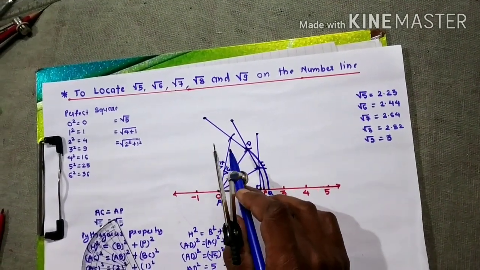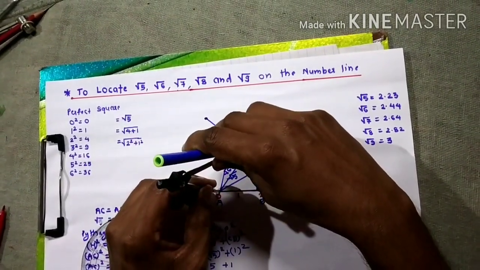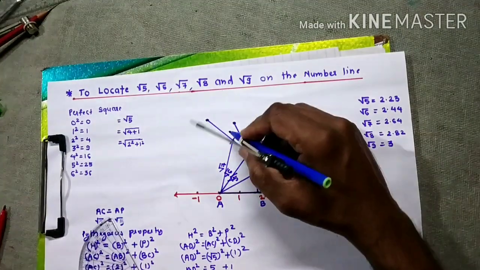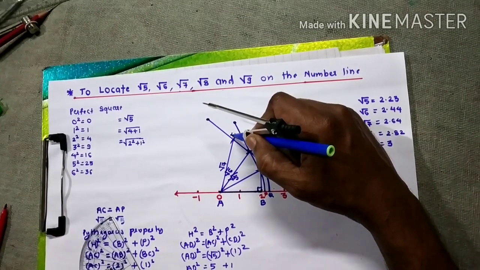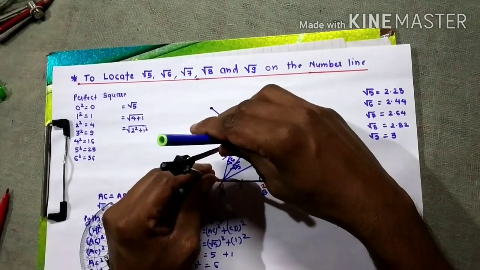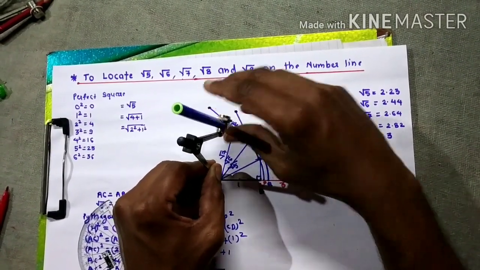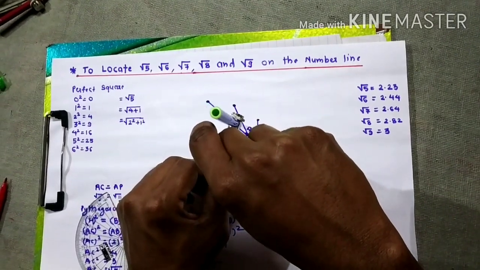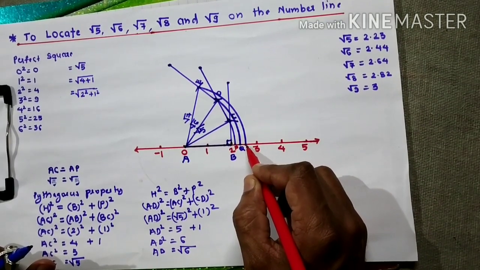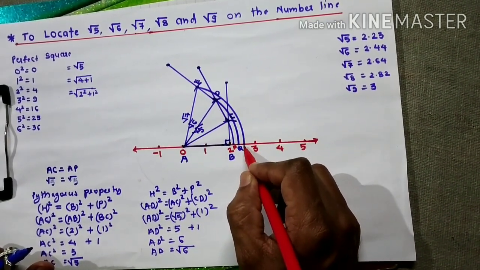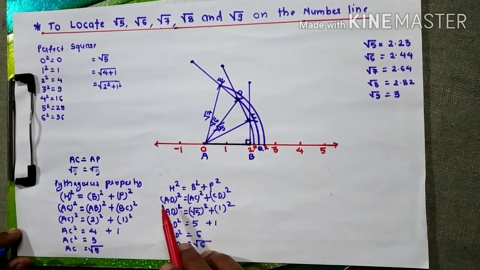Next we have to mark root 7 on the number line. So we have to take the distance of, let me give the name E for this point, and choose this distance AE and draw one arc here. So this is root 7 on the number line. Let me mark the point as R. So this root 7 can be proved by using the Pythagoras property.